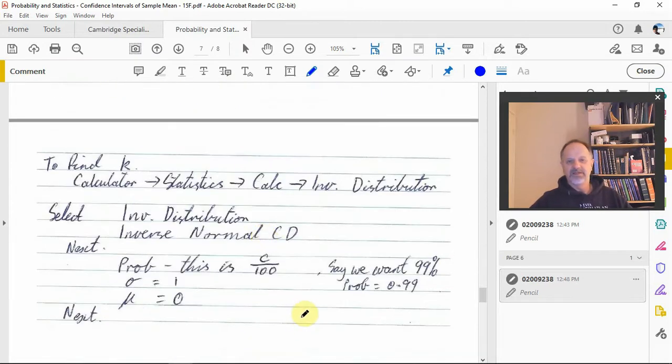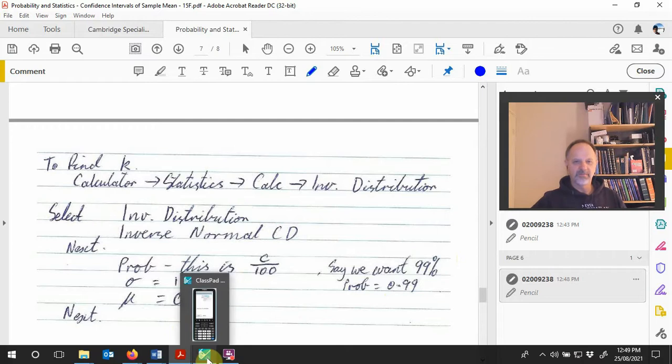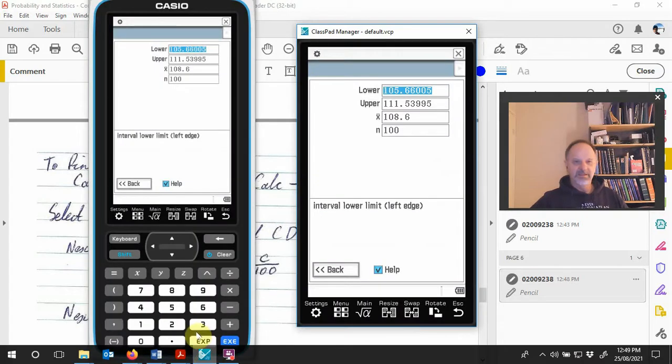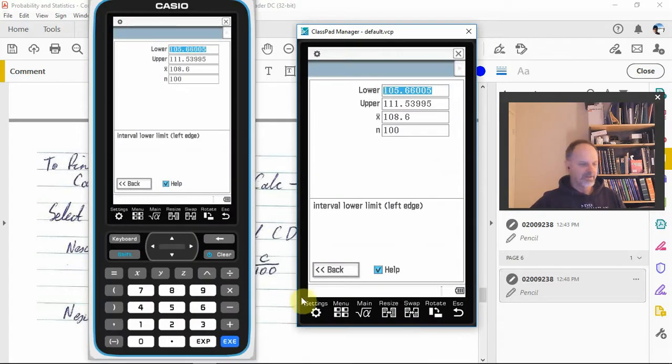All right, so say for example we want 99% confidence, then this is what we would use. So let's go to the calculator. And here's our calculator. We need to go back to my menu.